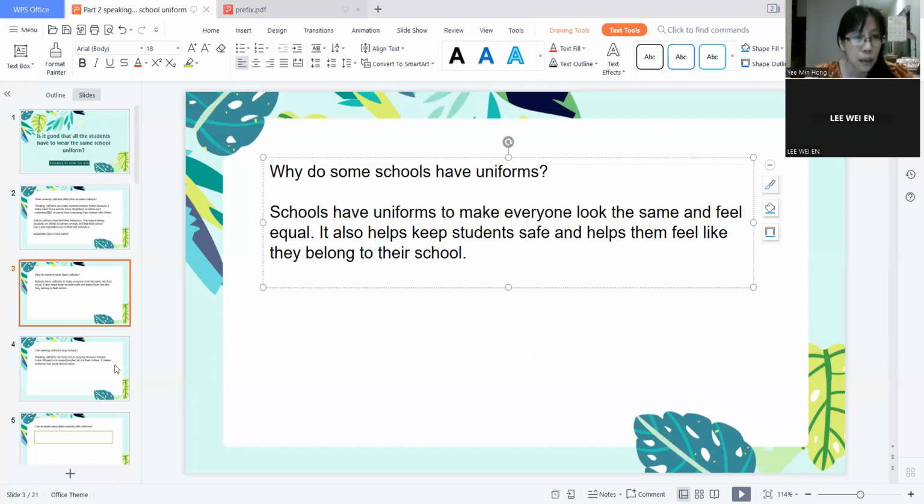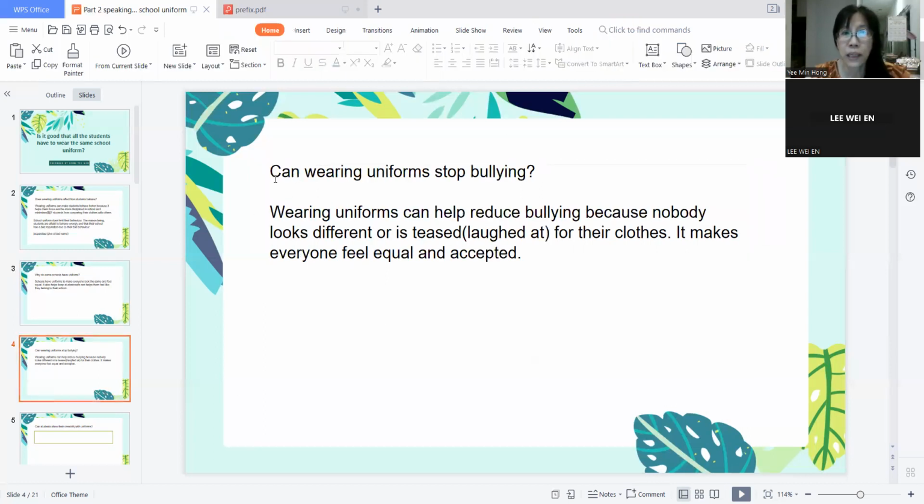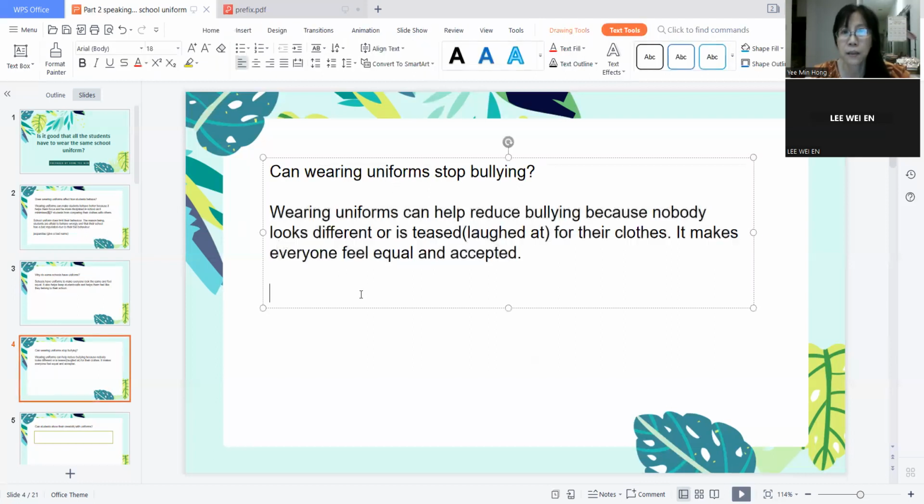All right. Now, next one, also let's do a recap. Can wearing uniform stop bullying? Can you read this out? Wearing uniforms can help reduce bullying because nobody looks different or is teased for their schools. It makes everyone feel equal and accepted. Okay, it's teased. Can you say again? Teased. Okay, tease means 讥笑 or laugh at.